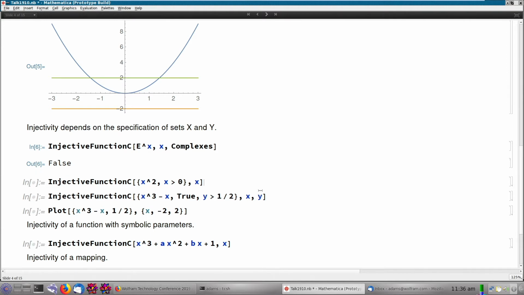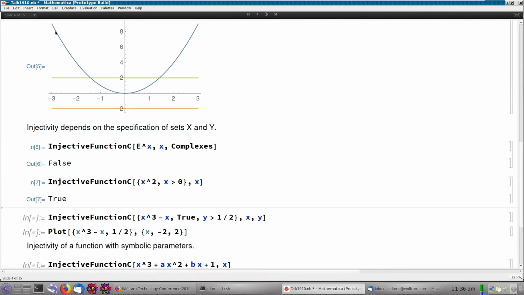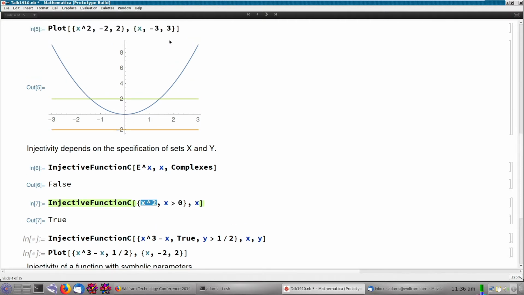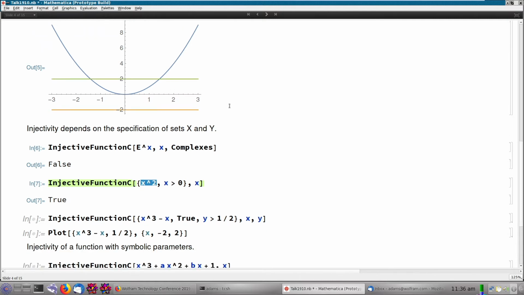And if we take the quadratic function but now restrict the set X to positive values of x, then the quadratic function is injective, because we are looking just at the right-hand side part of the parabola.